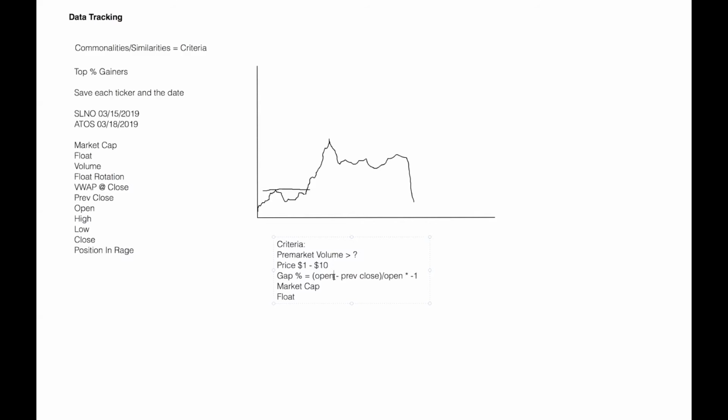Forgive me, the formula that I just told you right here is wrong. It's previous close minus the open divided by previous close times -1. That's going to give you your gap percentage. Market cap, float, and now you're developing criteria.